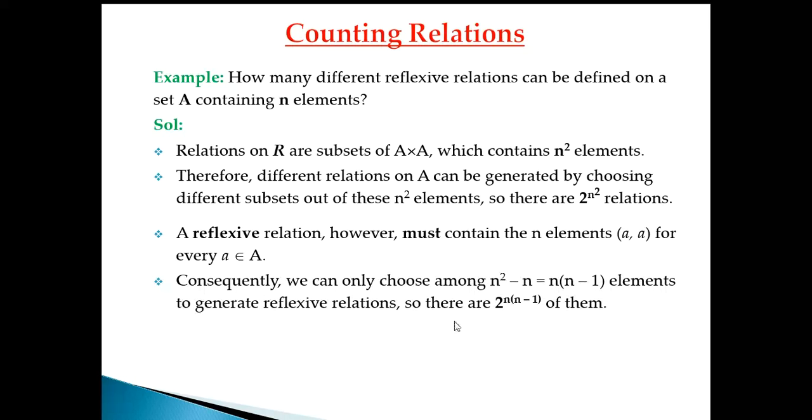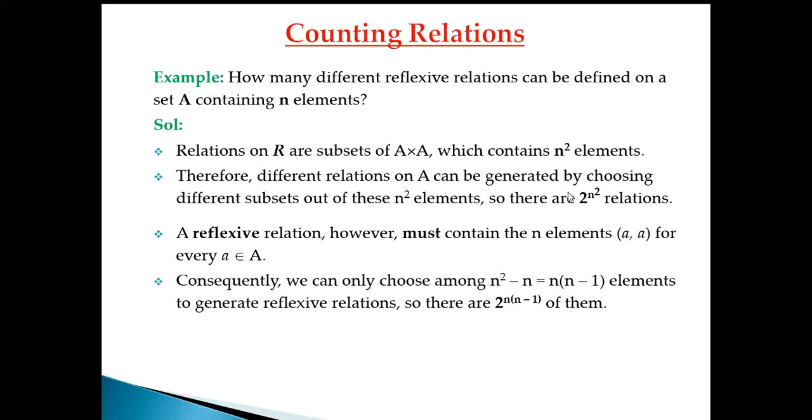So 2 to the power n square minus n of them are the reflexive relations. If you ask how many reflexive relations are there if you have the set A with n elements, then there are 2 to the power n square minus n.